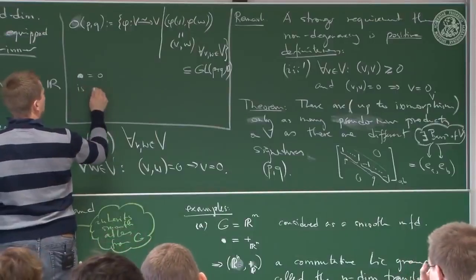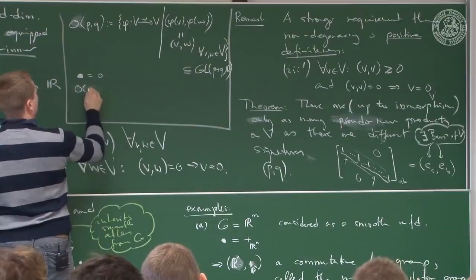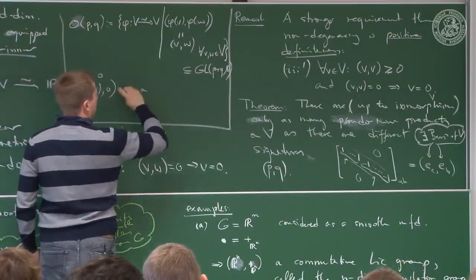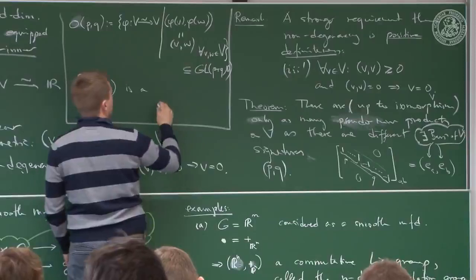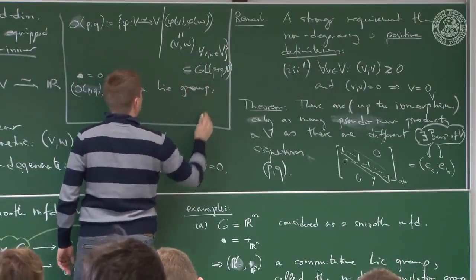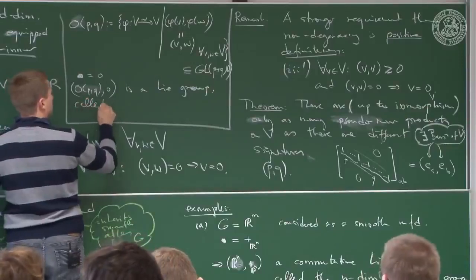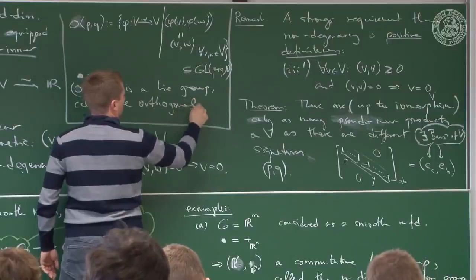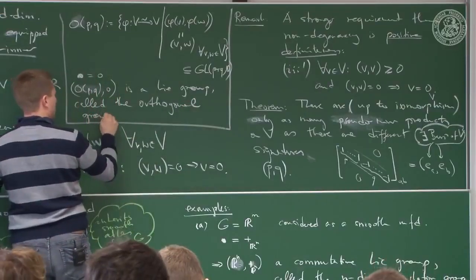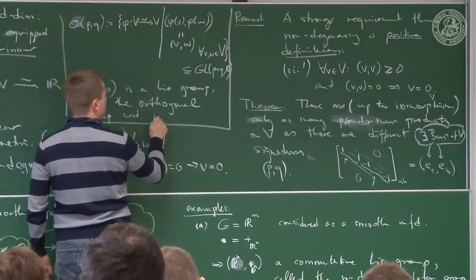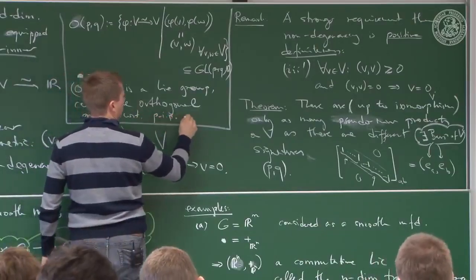So O(p,q) with the composition is a generically non-commutative Lie group called the orthogonal group with respect to the pseudo inner product.